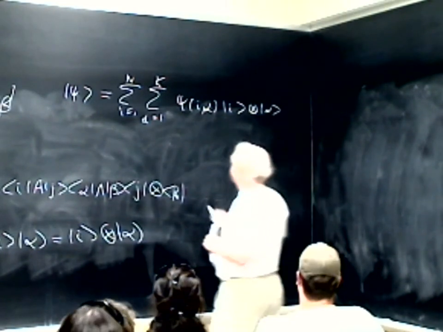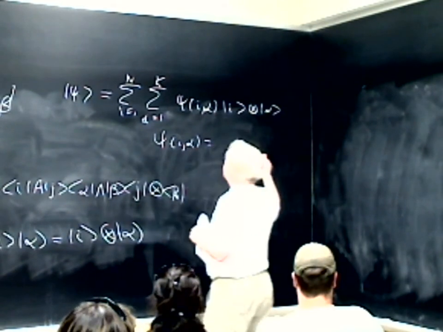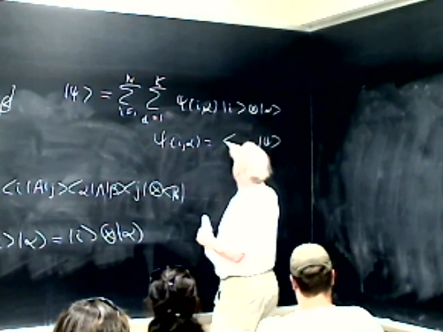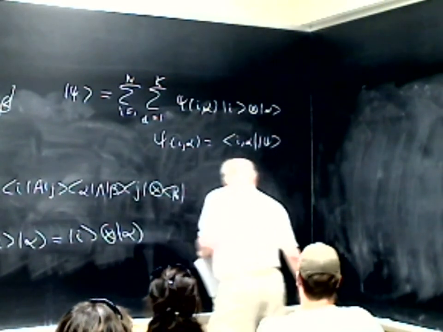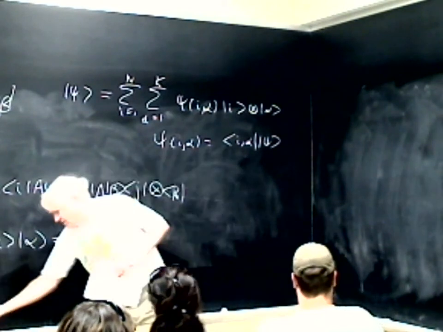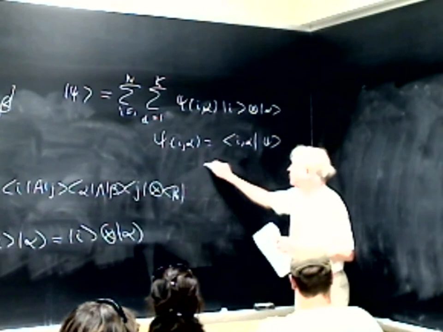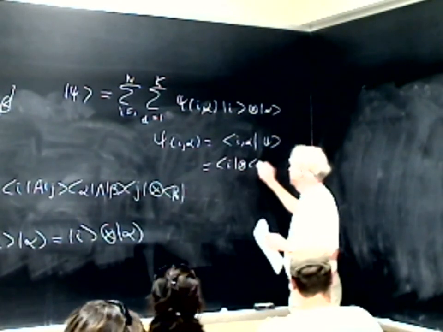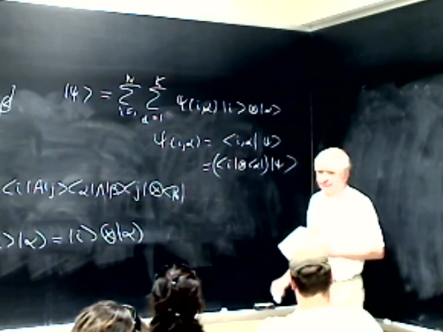And these coefficients ψ_{iα} would be the inner product of ψ with, well, I wrote two vertical bars there, which is kind of silly, it's the same thing as ⟨i| cross ⟨α|.